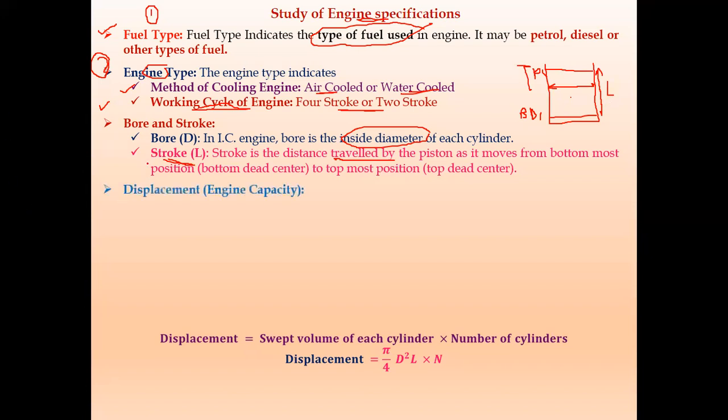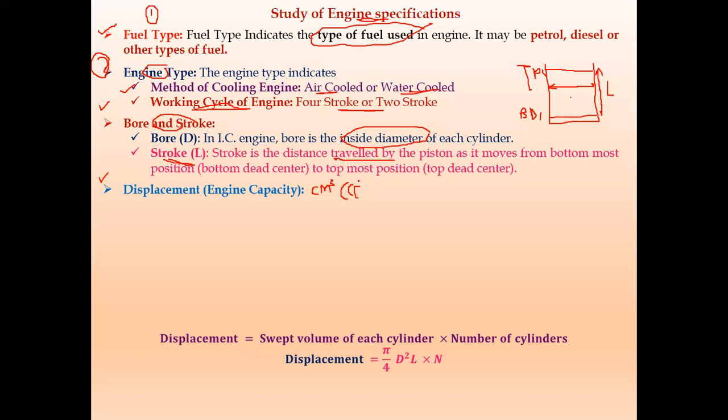If we know the value of bore and stroke length, then we can find out the value of displacement or engine capacity. So the next important technical parameter is called displacement or engine capacity. Generally it is in cubic centimeter, cm cube, and it is called cc.